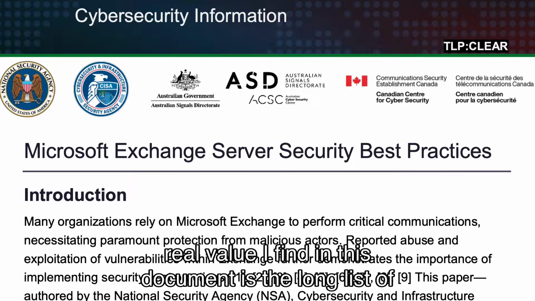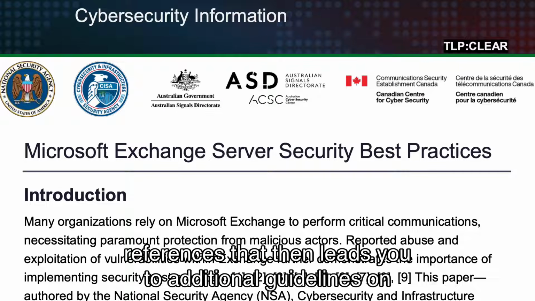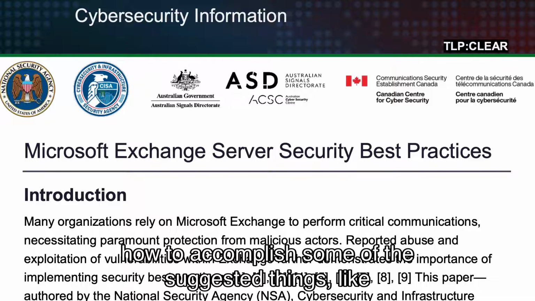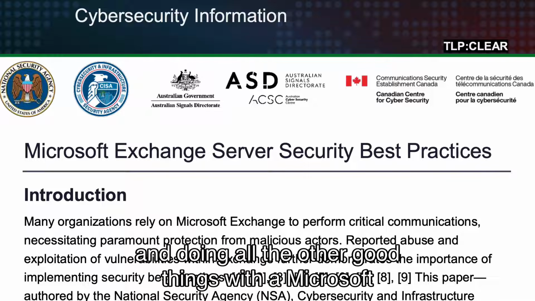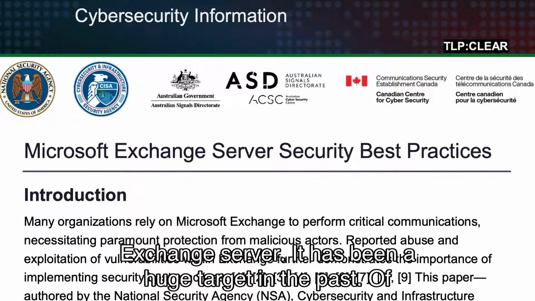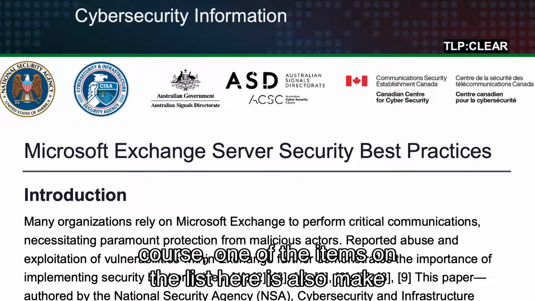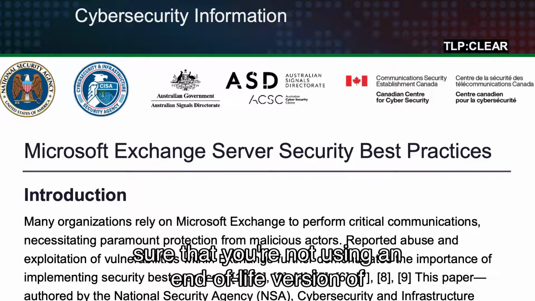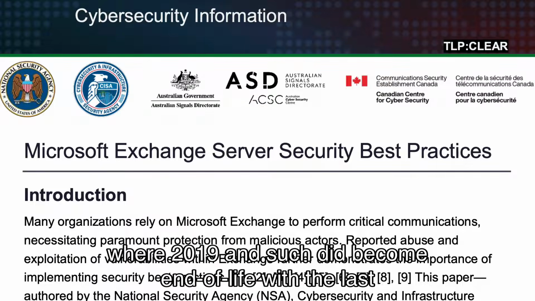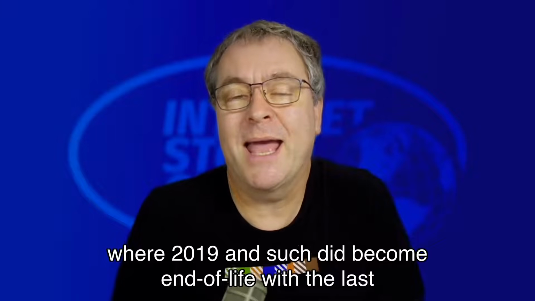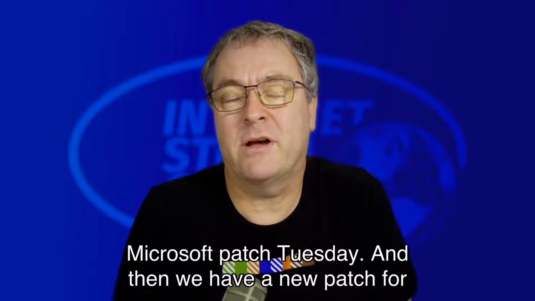But the real value I find in this document is the long list of references that then leads you to additional guidelines on how to accomplish some of the suggested things, like configuring authentication correctly, enabling Kerberos, and doing all the other good things with a Microsoft Exchange server. It has been a huge target in the past. Of course, one of the items on the list here is also make sure that you're not using an end-of-life version of Microsoft Exchange, which of course we just had the issue where 2019 and such did become end-of-life with the last Microsoft Patch Tuesday.